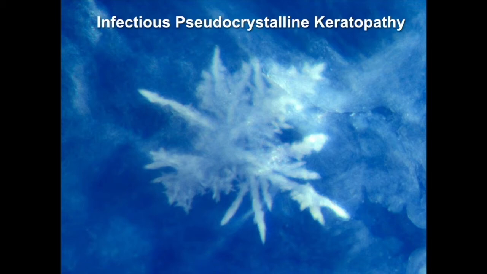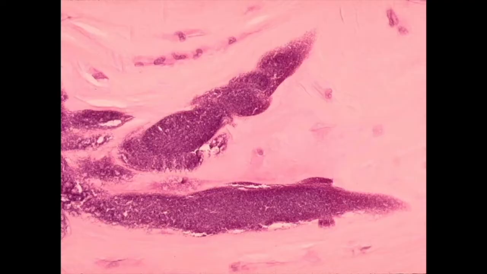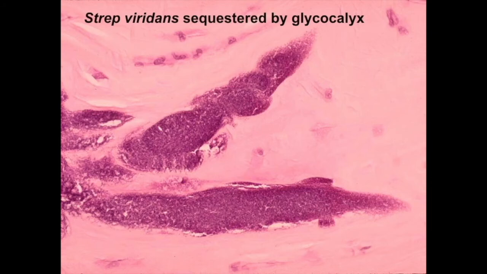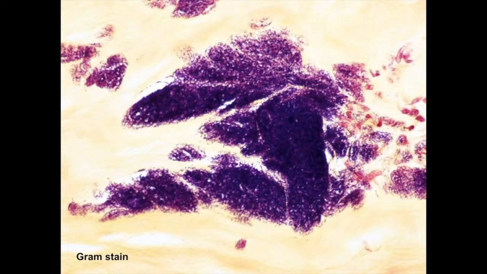The snowflake-like appearance actually reflects the presence of large intrastromal colonies of relatively avirulent bacteria, typically Strep viridans, which are sequestered by the formation of a glycocalyx. Note the paucity of inflammatory cells surrounding the bacterial colonies. Here's a Gram stain confirming that these are gram-positive bacteria.